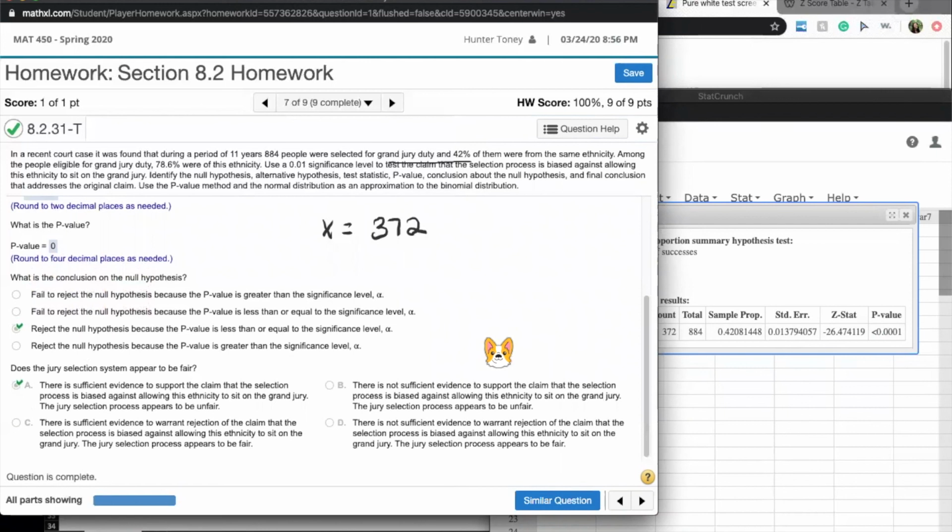So the last step, we're going to compare our p-value to our alpha. Our p-value was basically 0, and our alpha, they tell us, is 0.01.